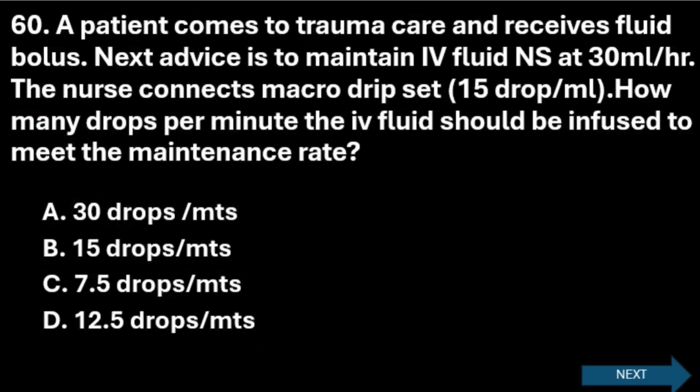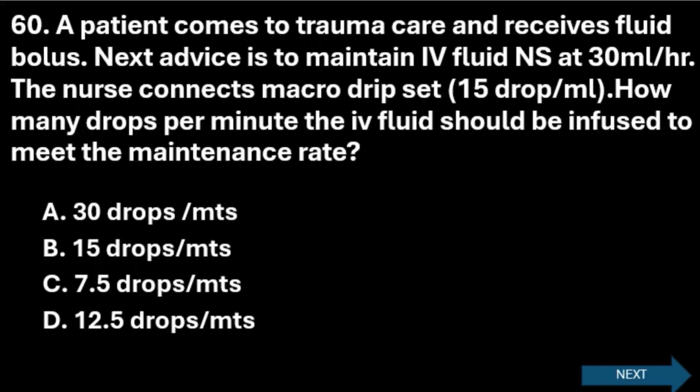Next question. A patient comes to trauma care and receives a fluid bolus. Next advice is to maintain IV fluid NS at 30 ml per hour. The nurse connects a macro drip at 15 drops per ml. How many drops per minute should the IV fluid be infused to meet the maintenance rate?